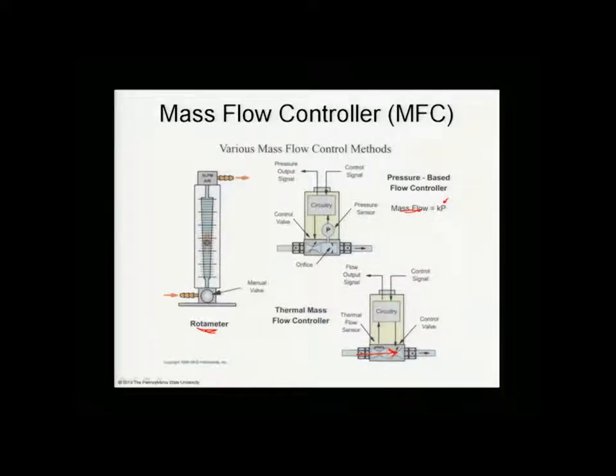As we said, you have to know the specific heat of the gas. Specific heats are measures of how well the gas takes away heat. Generally, these things are calibrated for nitrogen, assuming the gas is nitrogen, and then there are correction tables if you have other gases. So these are 3 examples of mass flow controller.